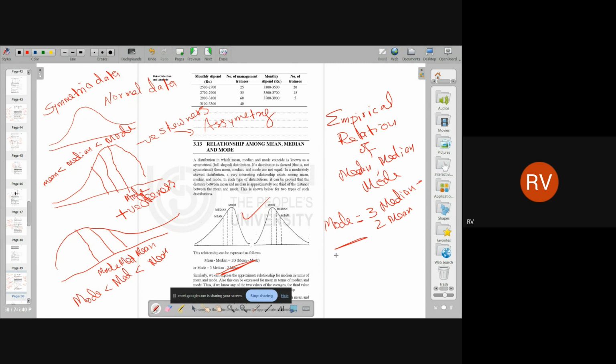This is called the empirical relation of mean, median, and mode.